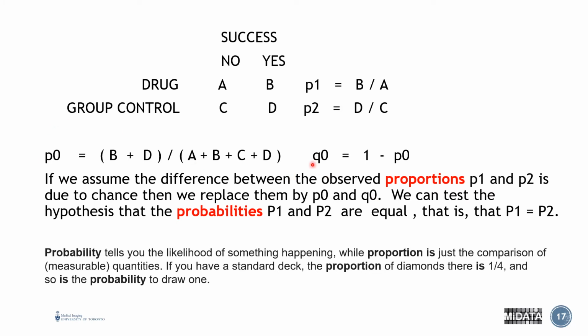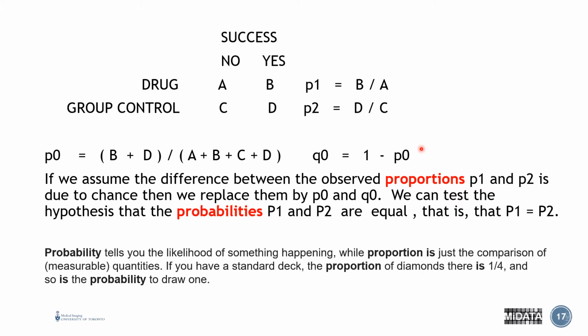You can see that these proportions are calculated based on the margins. So P naught is the total of yes divided by the total number of subjects in the study, and Q naught is simply 1 minus P naught.